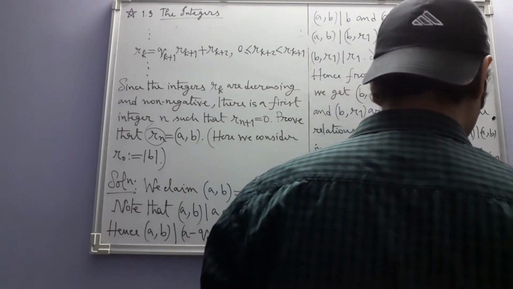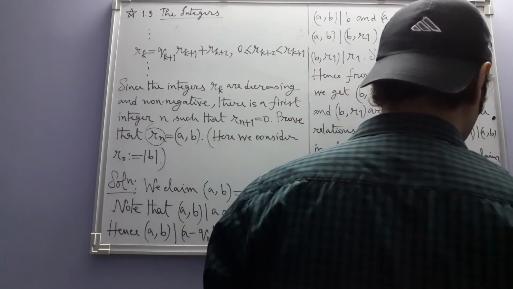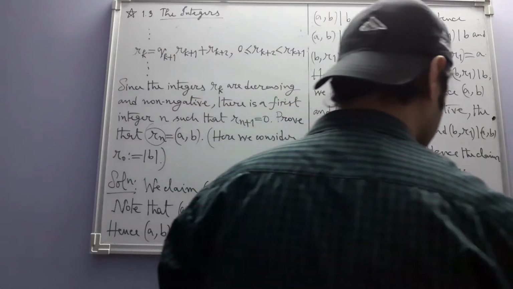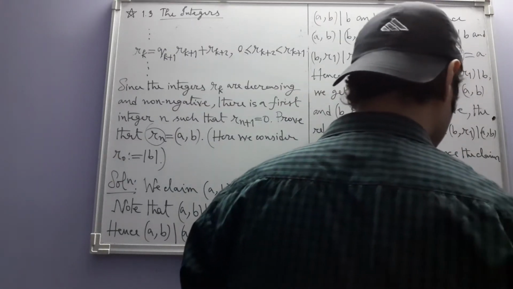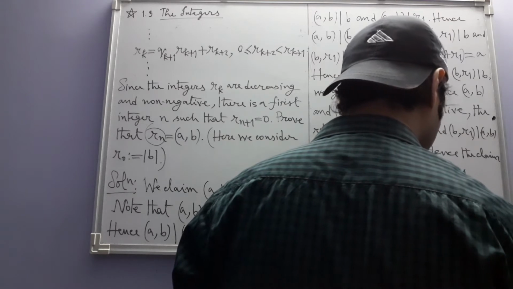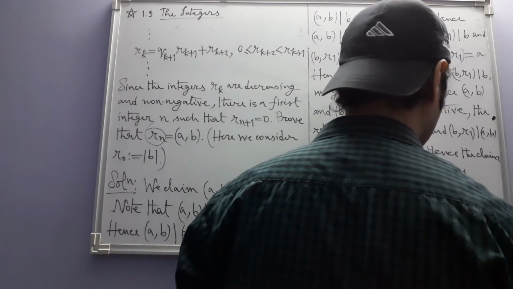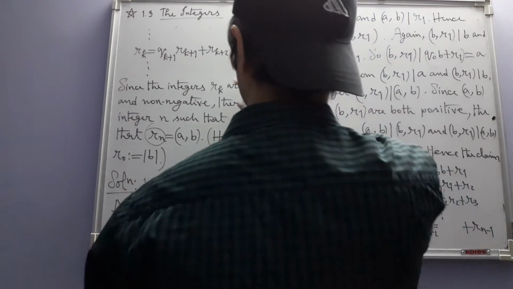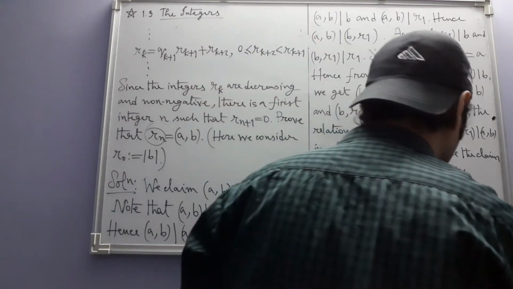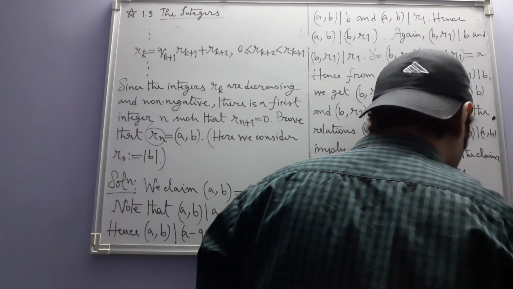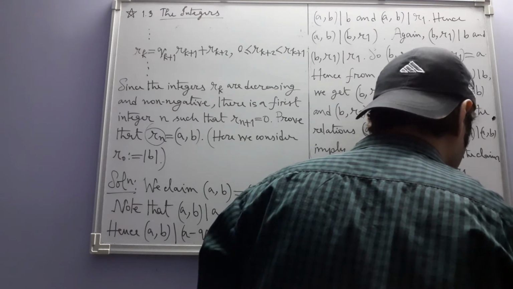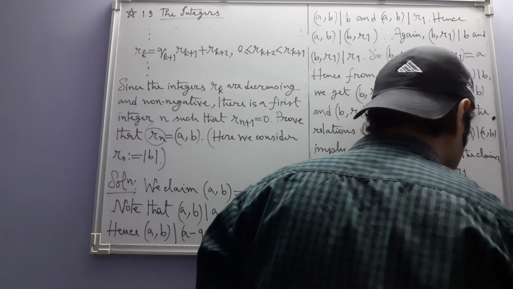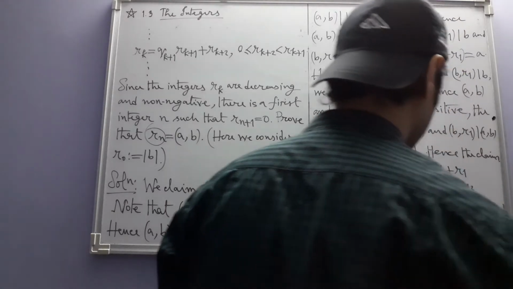So if I have Rn minus 1 here, then here I will have Rn minus 2. That means Qn minus 1 Rn, no, Rn minus 2, n minus 2.